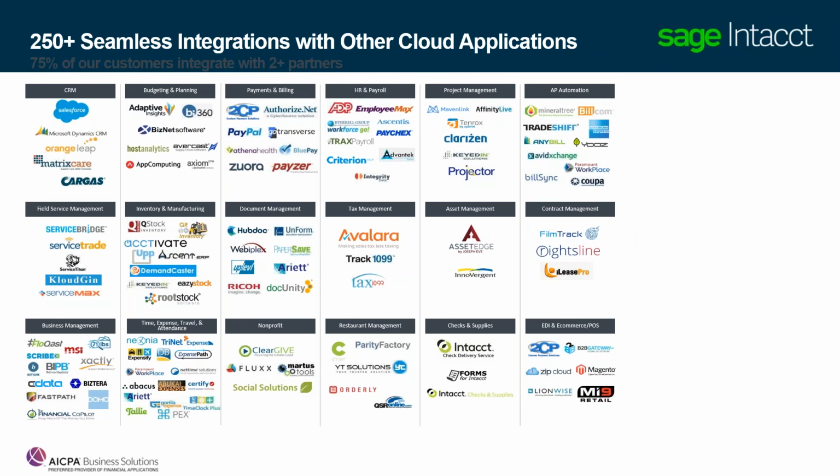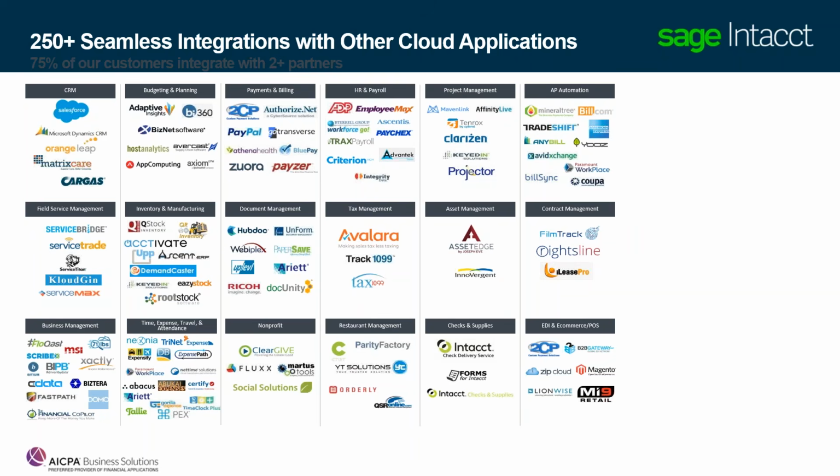Many of these you will know. You'll recognize them. If you look up in the top left-hand corner, you'll see the logo for Salesforce. Salesforce is a longtime partner of ours. We've partnered with them for 13 years now. We're a platinum partner. We developed a bidirectional integration or connector to Salesforce.